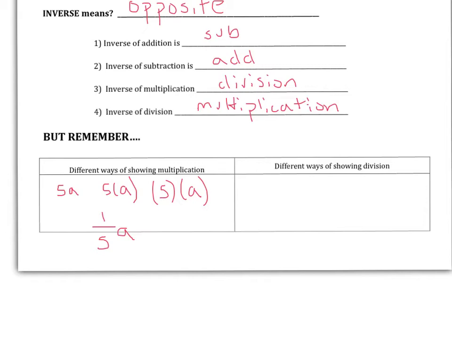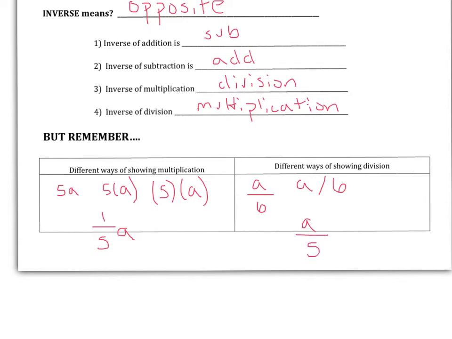Okay, give you a few more examples of division. We might see something like a divided by 6. We might see something like a/6. And something else we might see that's kind of similar to this is what if we saw a over 5.